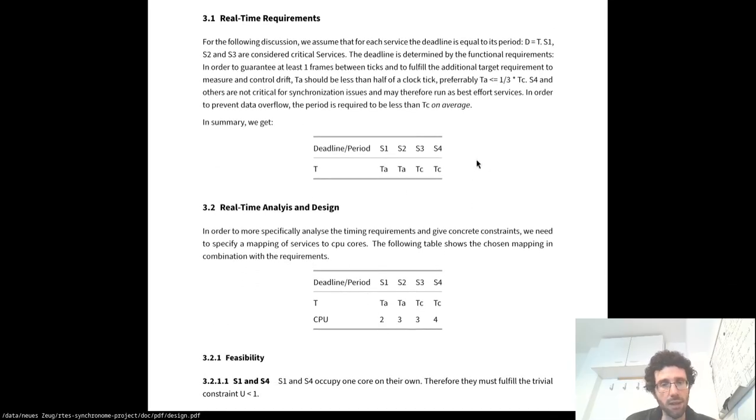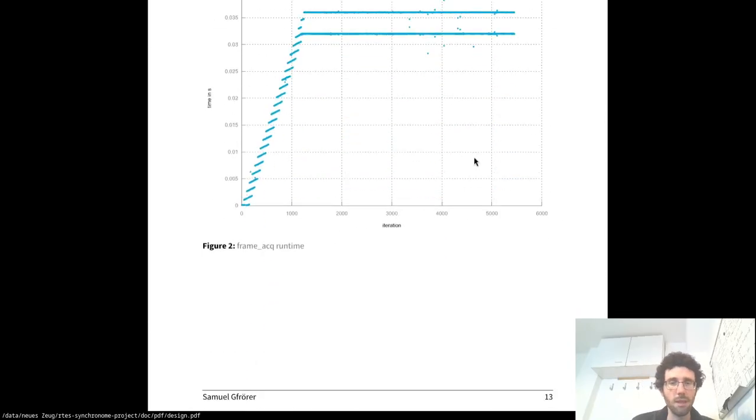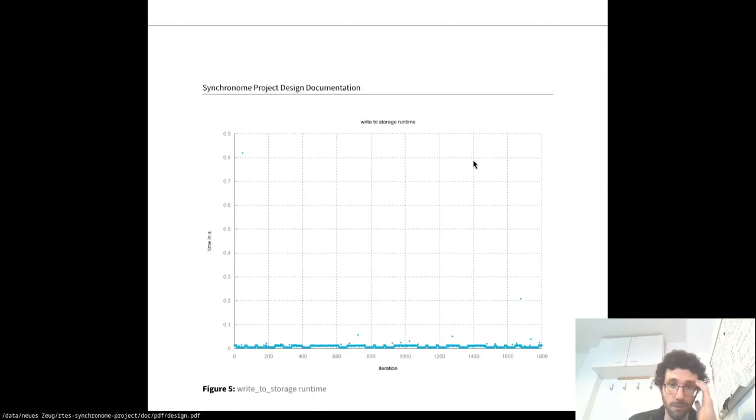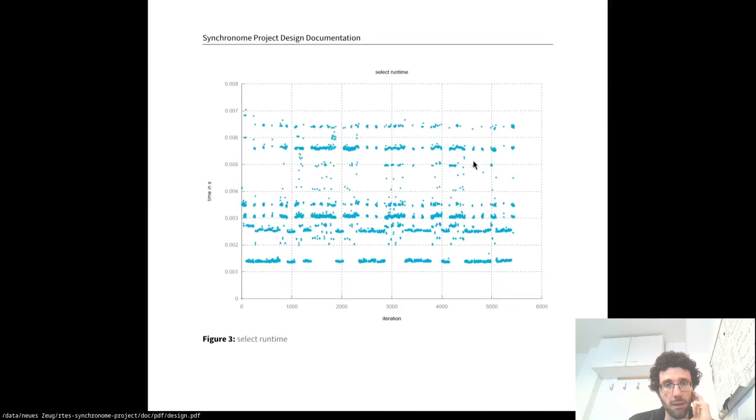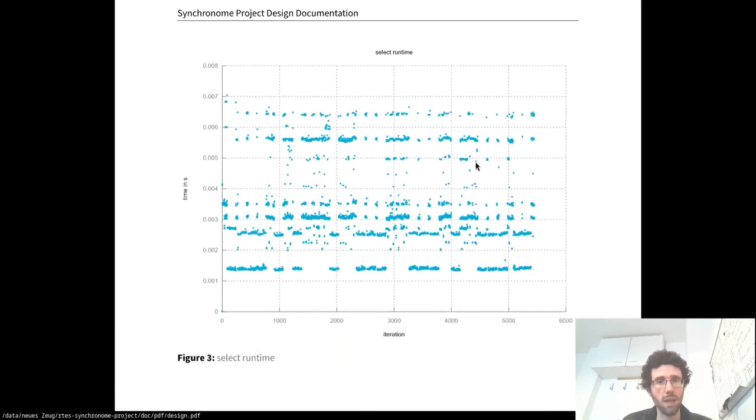Service 4 is special in that it's not considered a real-time thread, but is simply run in a best effort kind of way. I should probably first show the execution time for the two services I've now discussed. That's service 2 and 3. It's important to say that the worst case execution time is below the assumption I made.